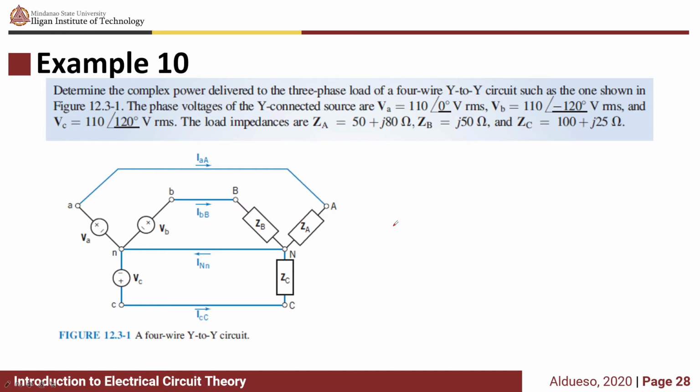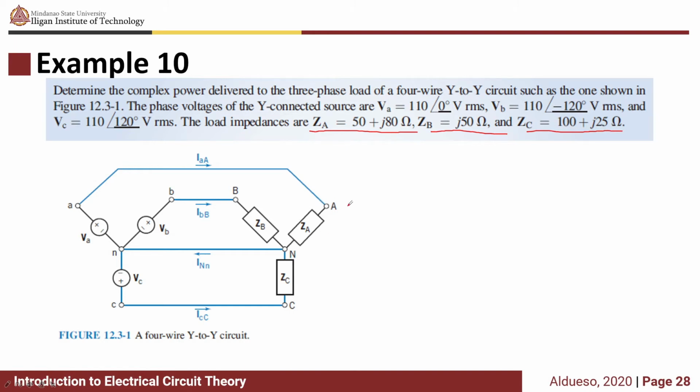So the voltage sources are balanced. The load impedances are ZA 50 plus j80 ohms, ZB equals j50 ohms, and ZC is 100 plus j25 ohms. So now the load impedances are not equal.